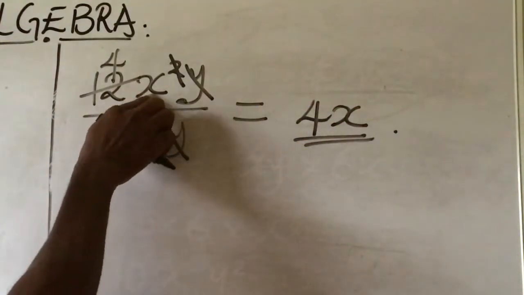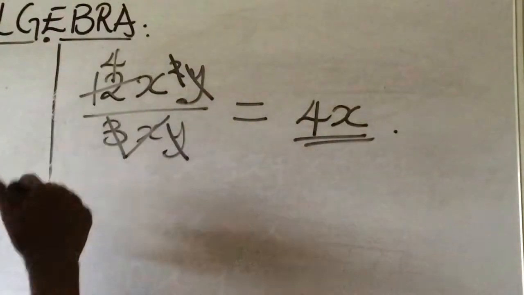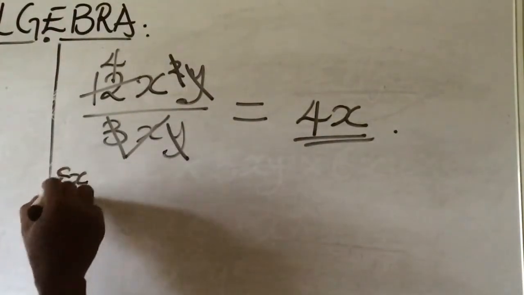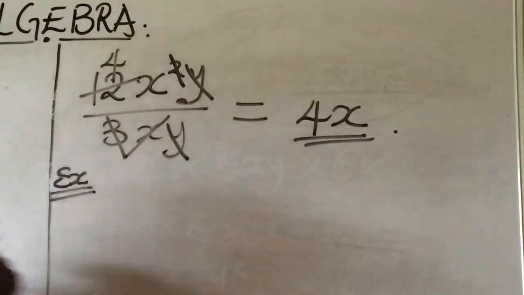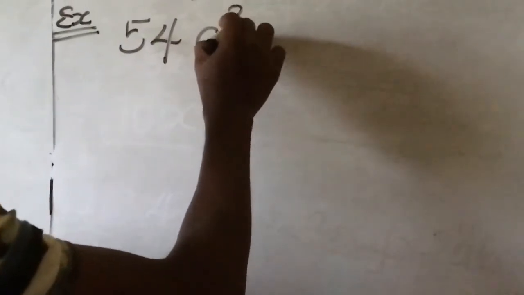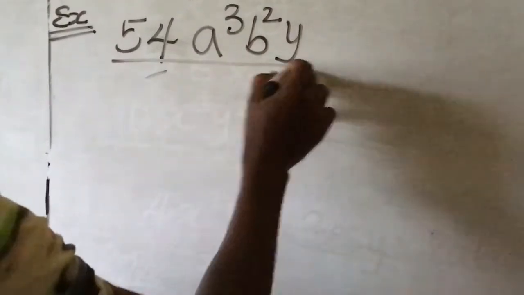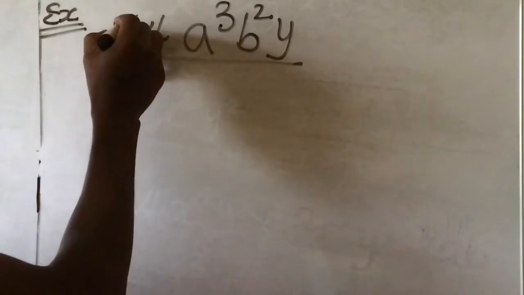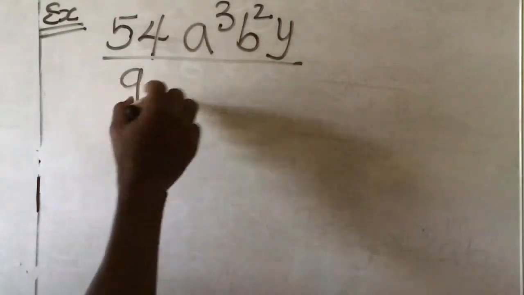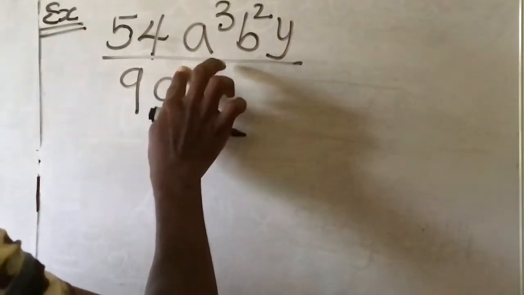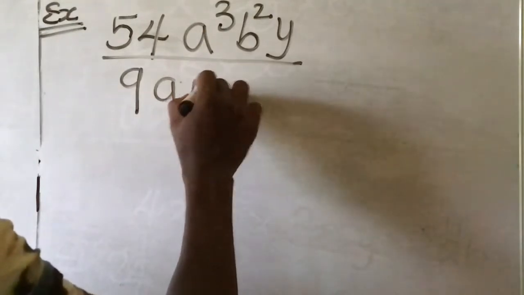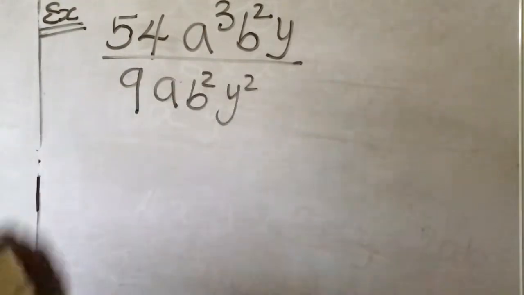Just to emphasize what I did here again, I'm going to give us another example. Let's say we have 54a cubed b squared y divided by 9a b squared y squared.